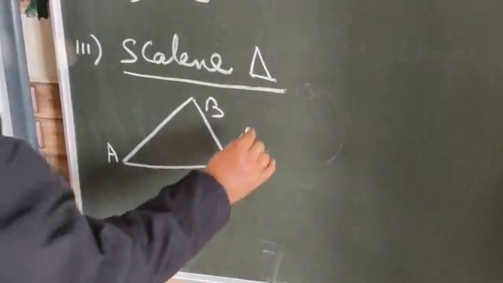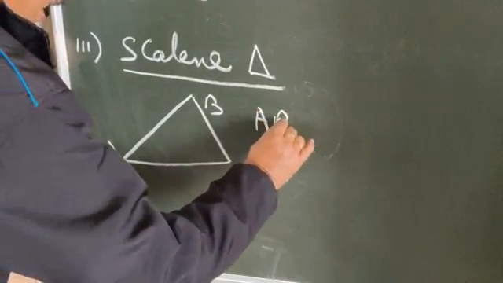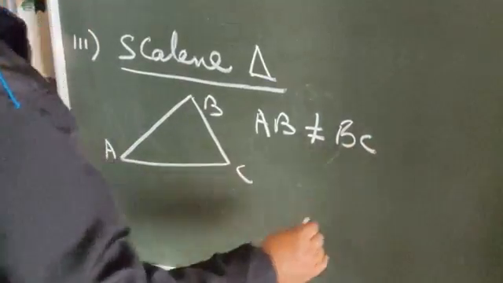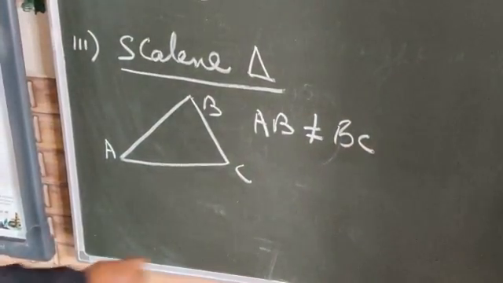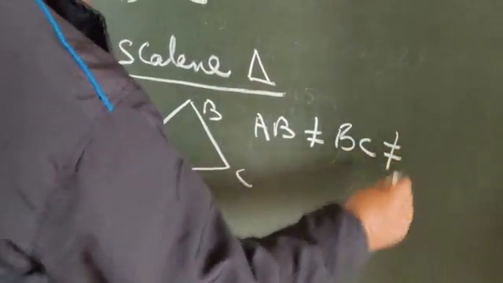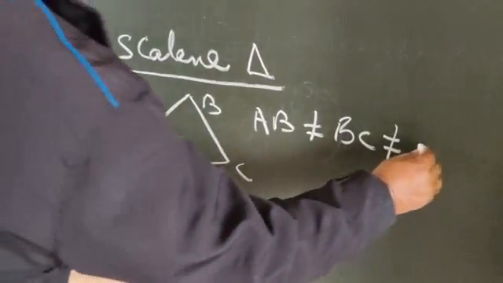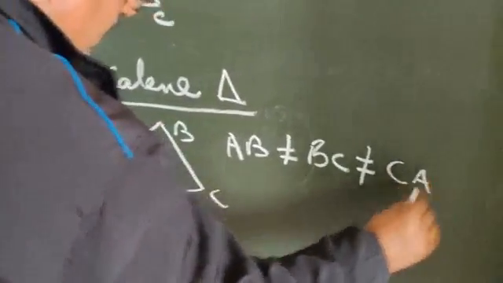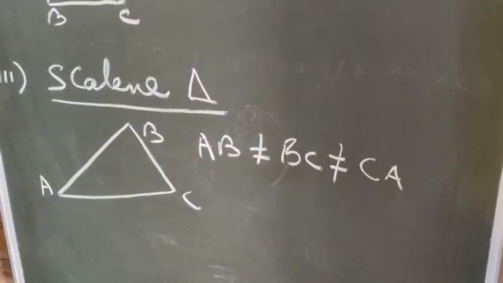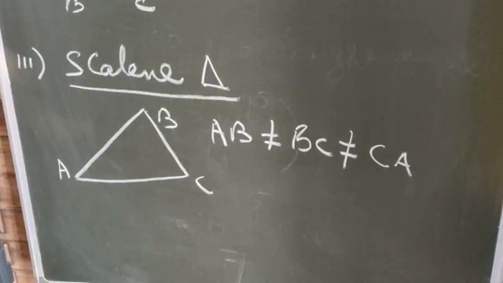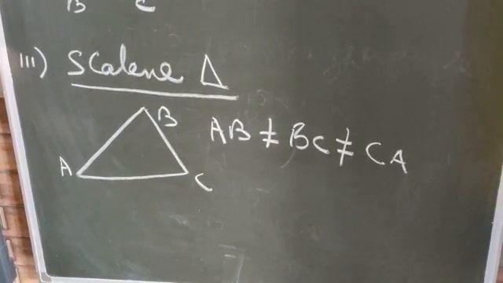So AB is not equal to BC, not equal to CA. Correct? That is called a scalene triangle. Clear?